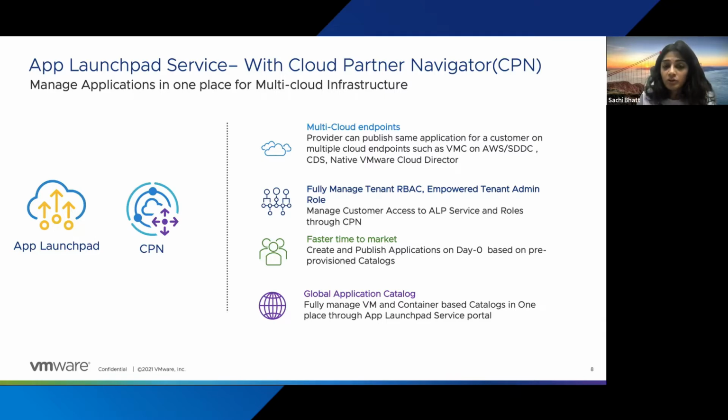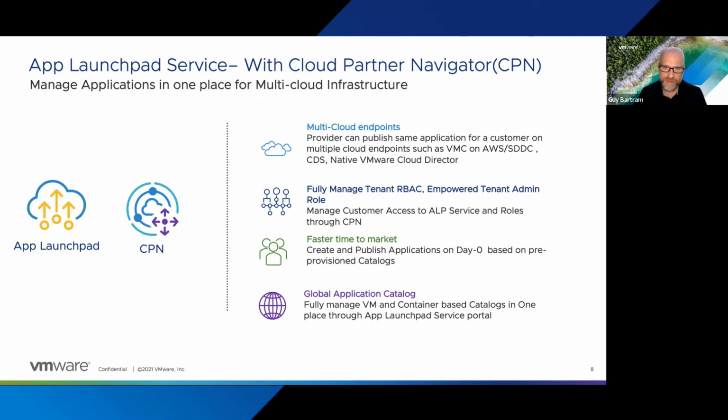You can deploy workloads on Cloud Director service. The Cloud Director service is offered through, say, VMC on AWS, VMC on Google Cloud, things like that. And on top of that, we can also manage on-prem VMware Cloud Director instances through App Launchpad service.